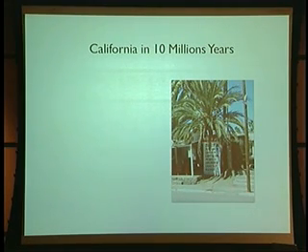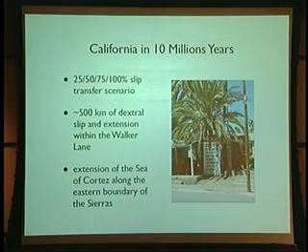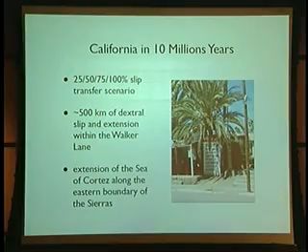And along with that new menu, we're probably going to see something, if Baja was any kind of a guide of what's going to happen with the San Andreas, is over the next 10 million years, you're going to see progressively more and more slip be transferred over to the Walker Lane. And in a way, again, very analogous to what happened to Baja. And if this scenario, which is more or less what's likely to happen, then you'll accumulate about 500 kilometers of dextral slip and extension within the Walker Lane.